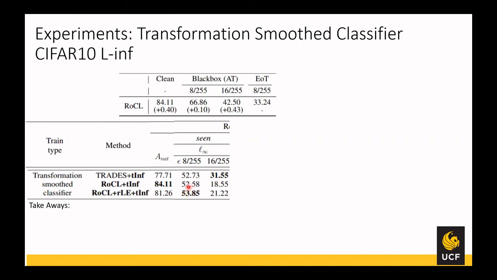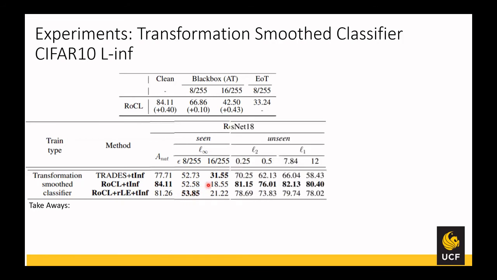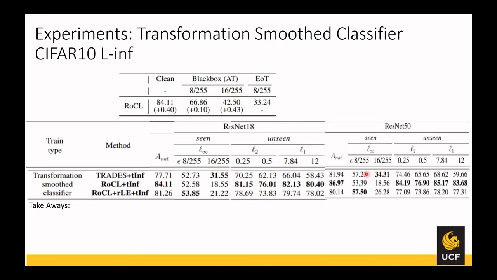I would also like to draw your attention to the robust linear evaluation, which decreases its natural accuracy and increases its robust accuracy. These results are consistent on unseen attacks as well, and in unseen it in fact increases its robust accuracy compared to ROCL plus robust linear and the transformation smoothing. Once we move into the deeper network, the results are consistent.